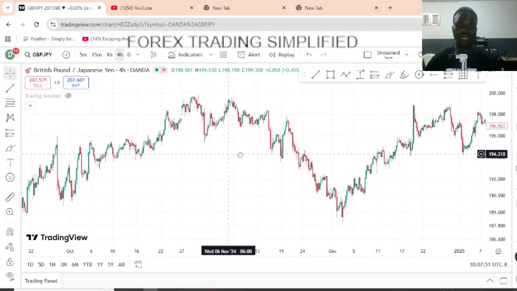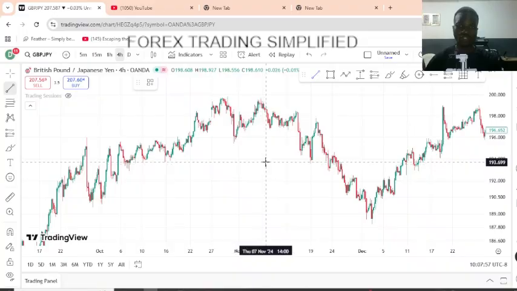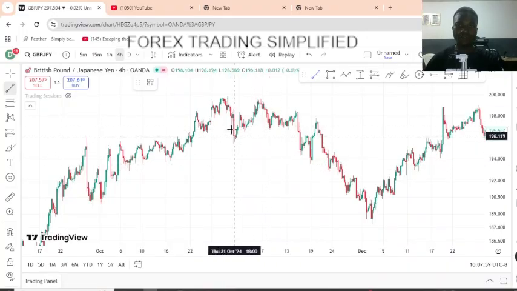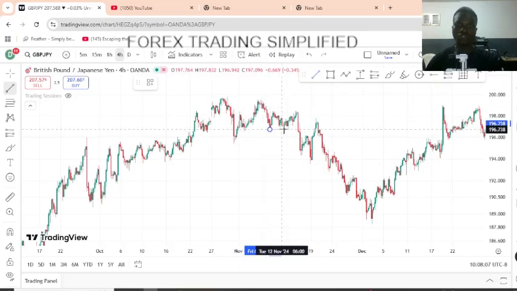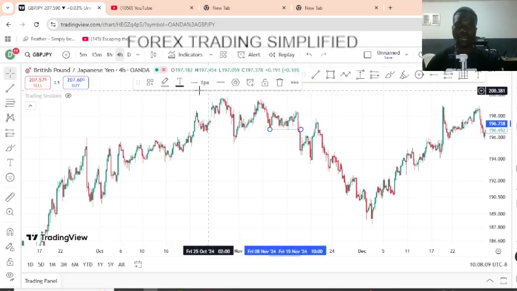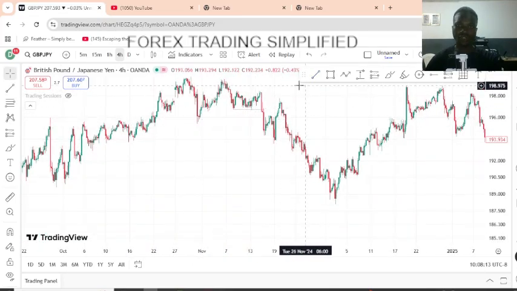So now let us spot out our break of structure, because this is what the video is all about. We have the market coming down here, it creates a higher high here. This is the point at which the market refuses to go up. All right, so this is our break of structure. That is one break of structure.